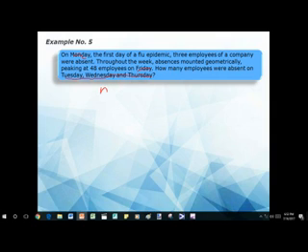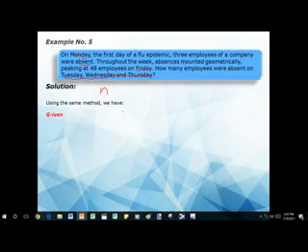So a sub 1 will be Monday, a sub 2 will be Tuesday, a sub 3 will be Wednesday, a sub 4 will be Thursday, a sub 5 will be Friday, and the number of employees who were absent during those days are the terms in our sequence.